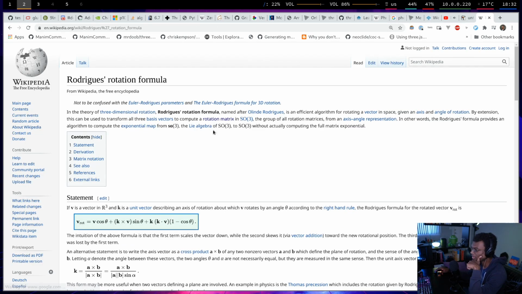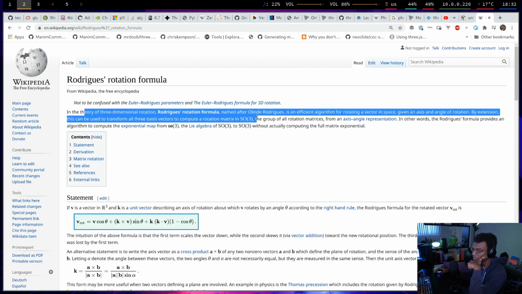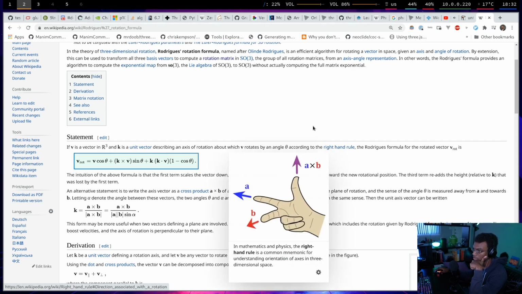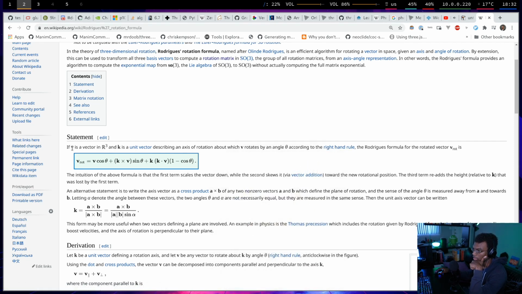Oh, here's something about rotation. If v is a vector in R cubed and k is a unit vector describing an axis of rotation about which v rotates by an angle theta according to the right-hand rule. V is a vector, k is a unit vector, k is the axis of rotation, theta is theta.